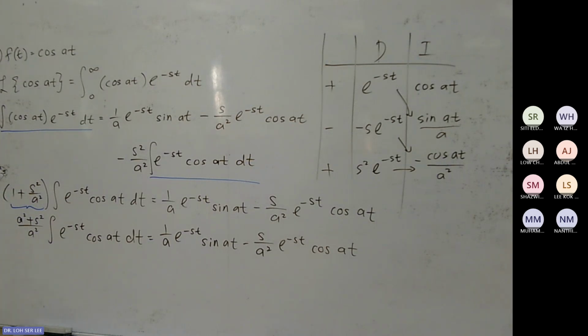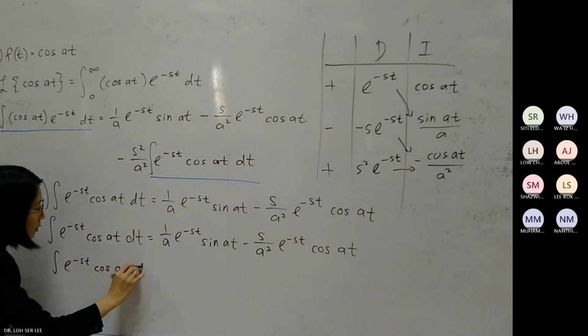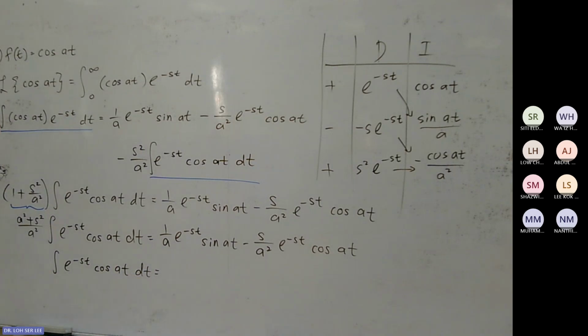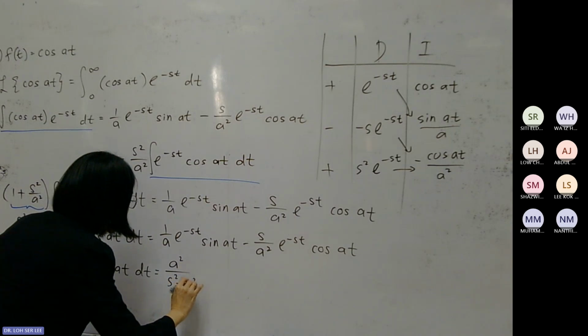Now we want this term on the left, so this one we move to the right. So it means a over s squared plus a squared.